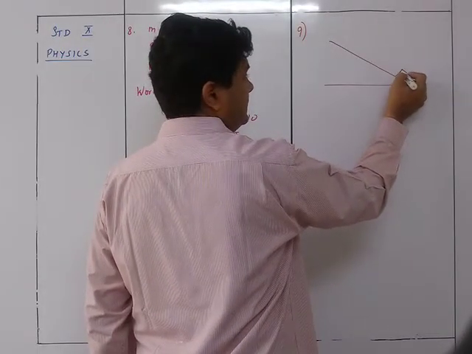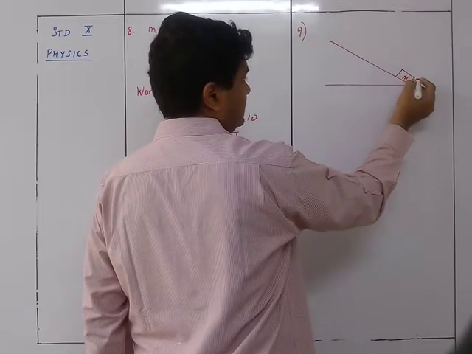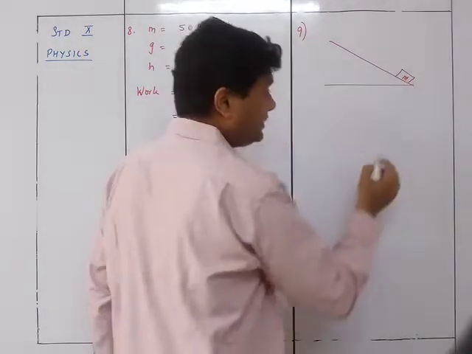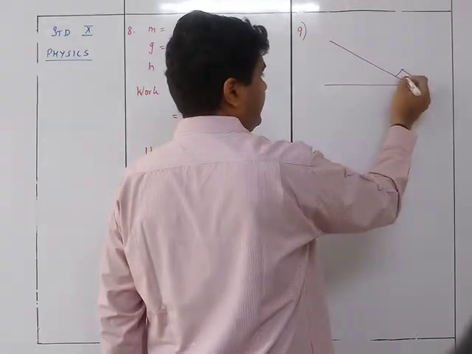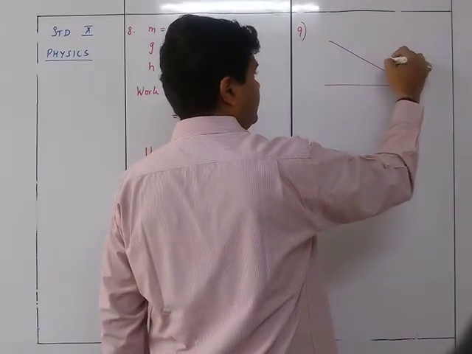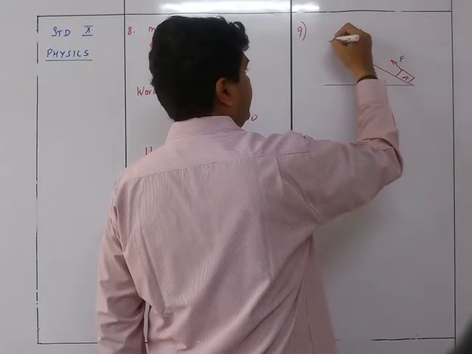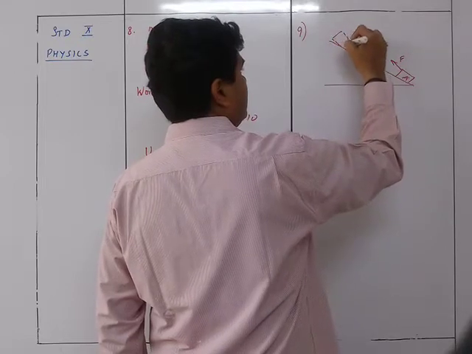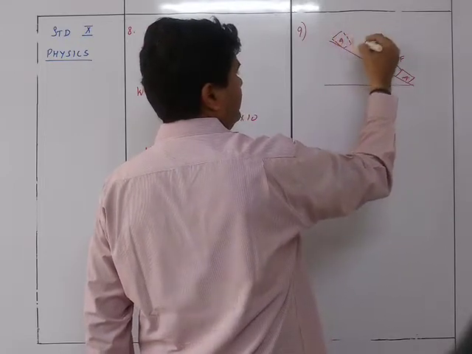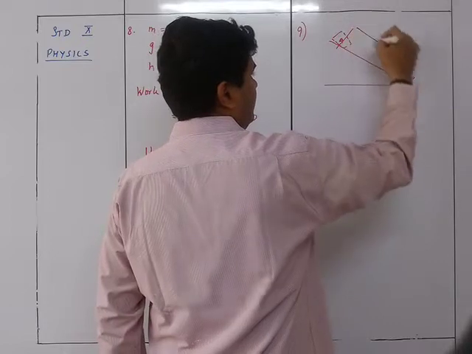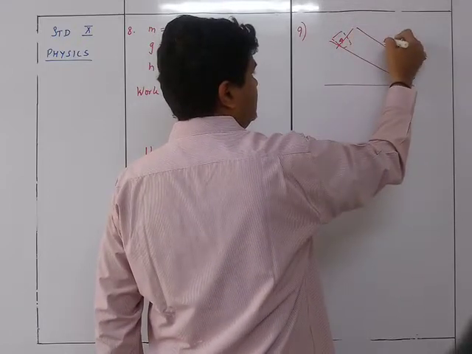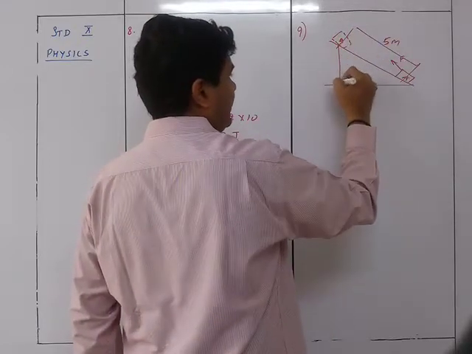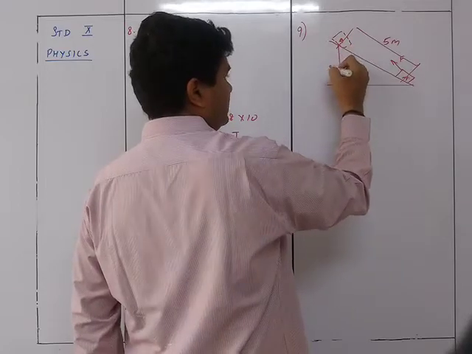This is the object A, and the force is given this way, F, and it is traveling up to this point over here. This is a distance of 5 meters, okay, and this height over here is 3 meters.